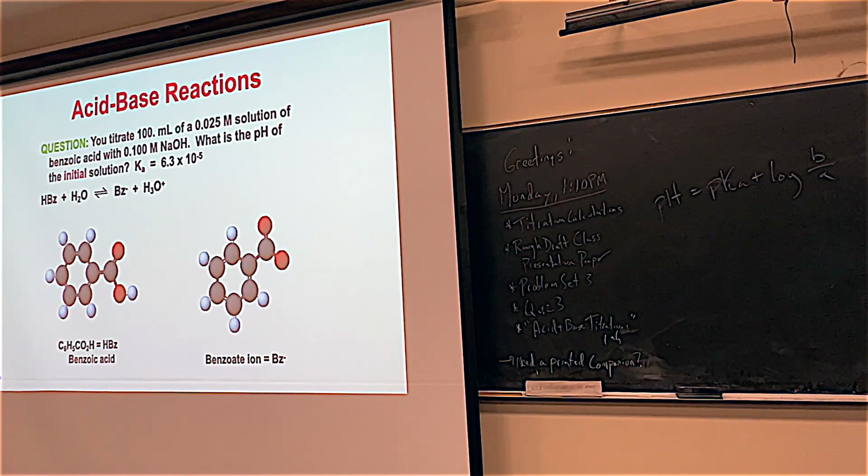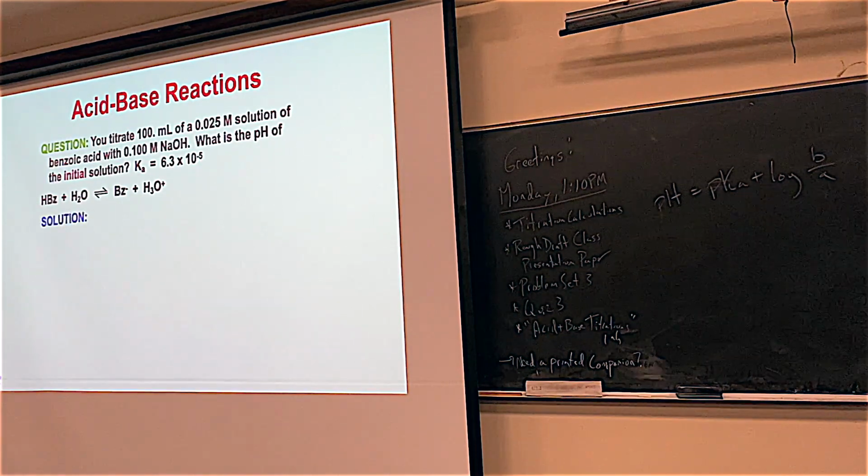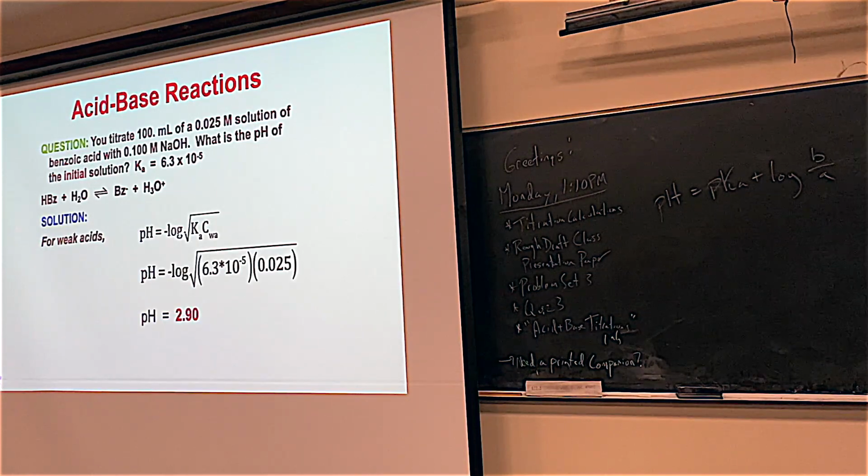Question is, what's the pH of the initial solution? So what it's asking here, what's the pH of the benzoic acid by itself? And if you have the pH of a weak acid and 100 times K less than C, which it will be from here on in, you can use minus log square root Ka times Ca.